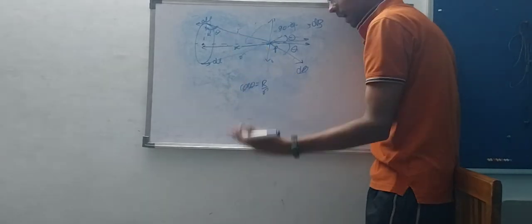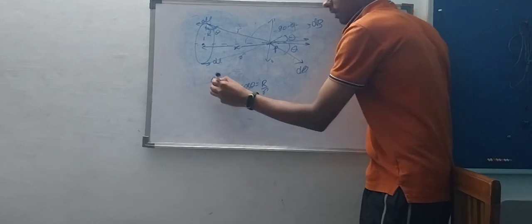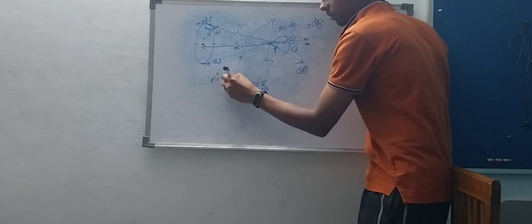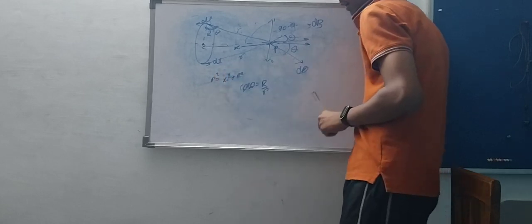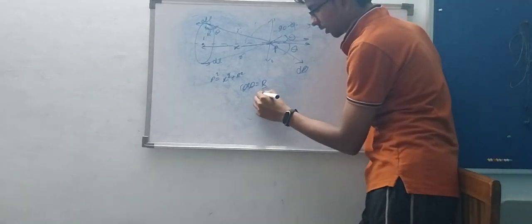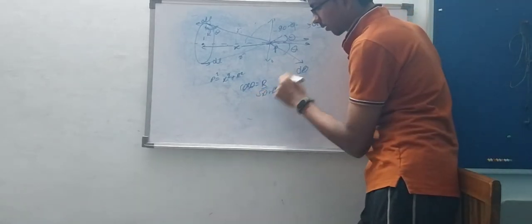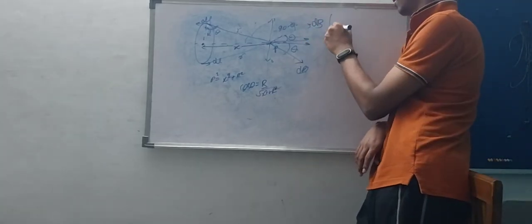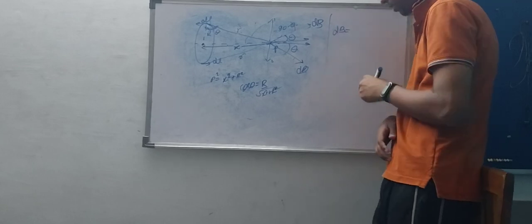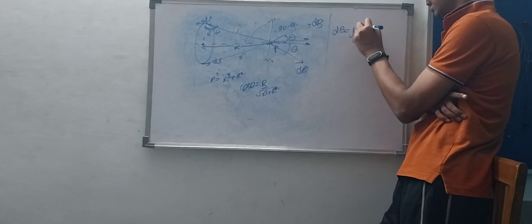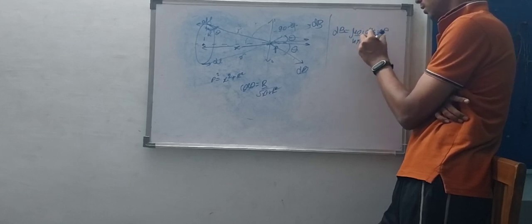Now this R, since it's a right angle triangle, we can use Pythagoras theorem. You get R square, this is the hypotenuse, is equal to x square plus r square, right? So we can substitute that here, root over x square plus r square. Now again from Biot-Savart's law, we know that dB is equal to mu naught by 4 pi I dl sine theta by r square.